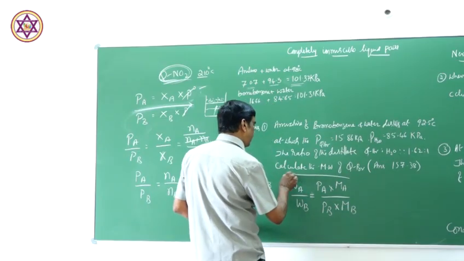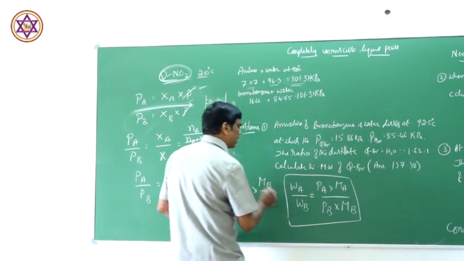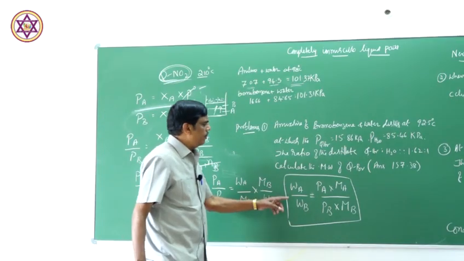So, this is the relationship to calculate the weight fraction in the vapor state, Wa by Wb.